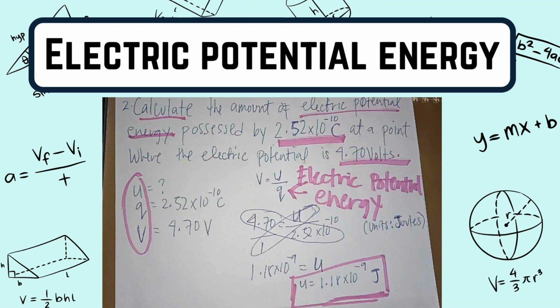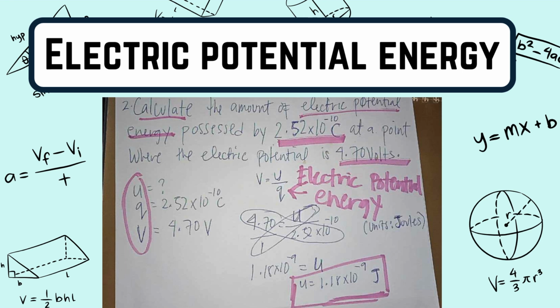So let me read the second question of electric potential energy. It says here to calculate the amount of electric potential energy possessed by 2.5 times 10 raised to negative 10 coulomb at a point where the electric potential is 4.70 volts. So again, when we are looking for U, the unit of that is joules, which is the electric potential energy.